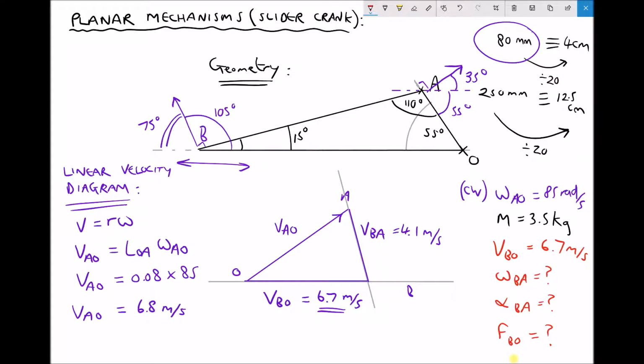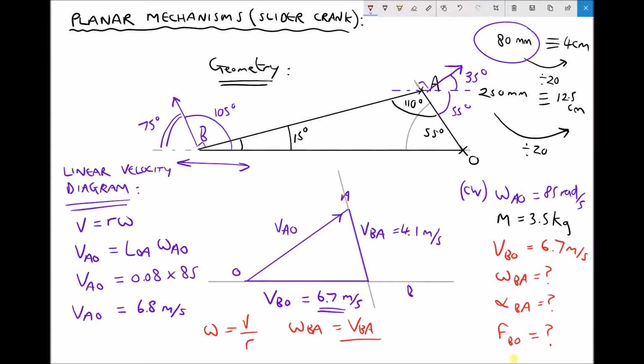The next thing I'm asked to calculate is the angular velocity of B relative to A. Well, once again, we have the formula V equals R omega. Therefore, omega is just V over R. In this instance, I'm trying to find the angular velocity of B relative to A. Therefore, I can use the linear velocity of B relative to A divided by the radius.